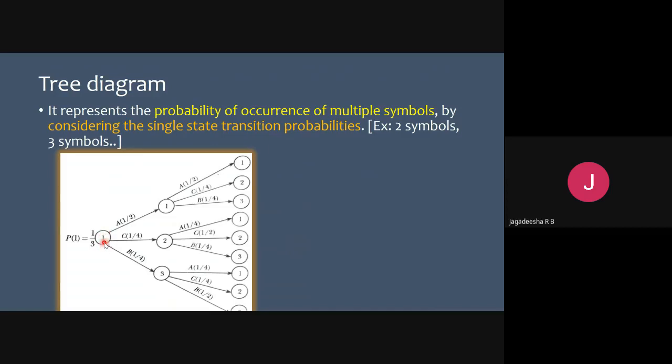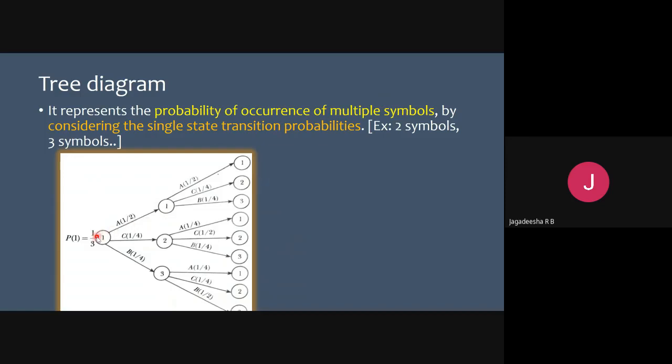So what does it say? It says initially the source emitted symbol A with the probability of 1 by 2, and then it again emitted A, and the total symbols generated will be A and A. Or initially its state was 1, and now it emitted A, and then it emitted C. So the total symbols generated by the source is AC.